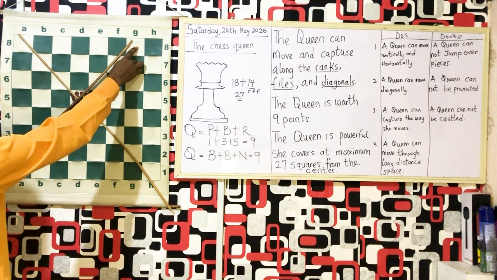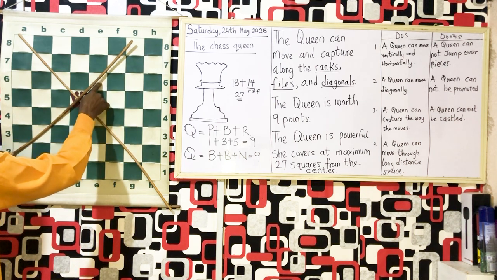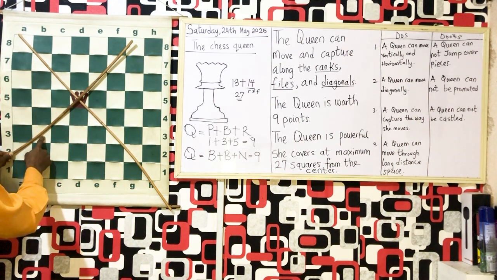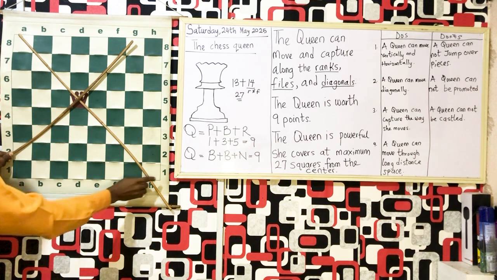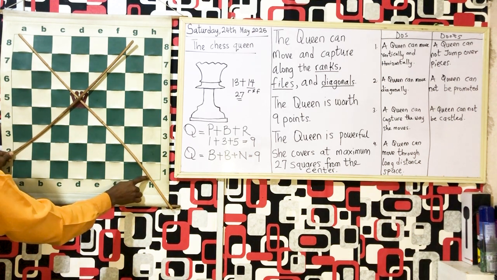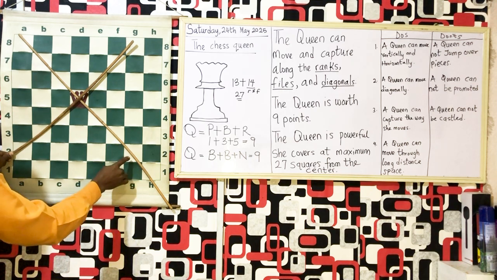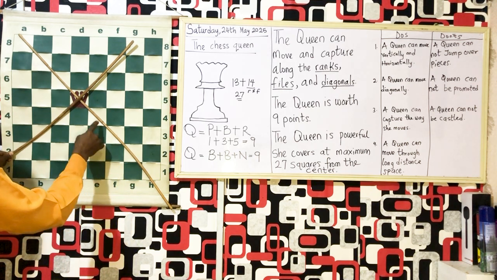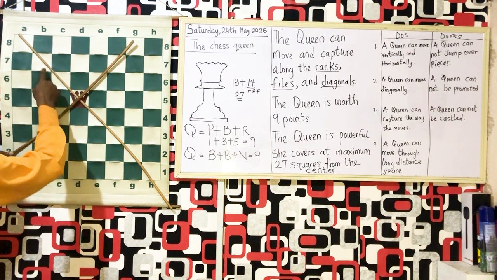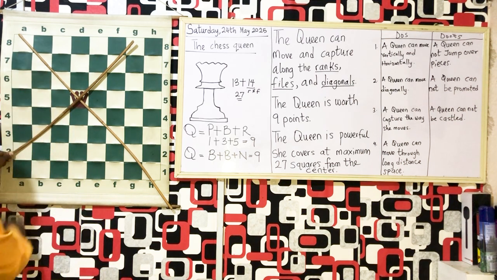So from G8, H7, we have E6, D5, C4, B3, then A2, coupled with other squares here along H1, G2, we have F3, then E4, D5, C6, B7, then A8. So this tells us how powerful the queen is.